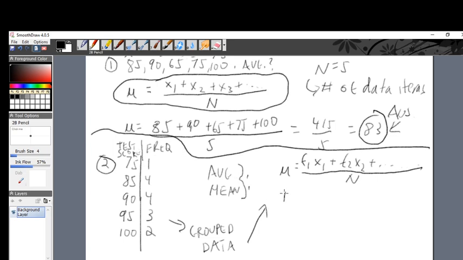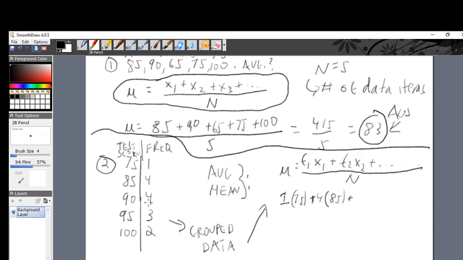The frequency of the first data item is 1. What is the first data item? The 75. Multiplied times 75. Then, what is the frequency of the second data item? The second data item is 85, so it's 4 times 85.